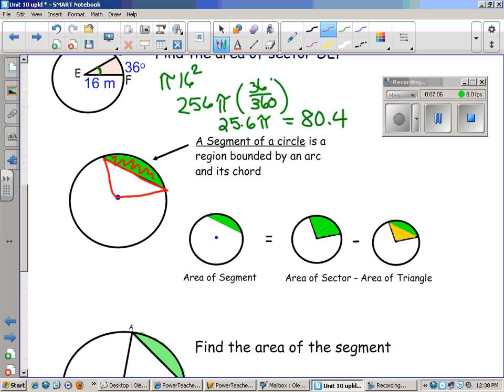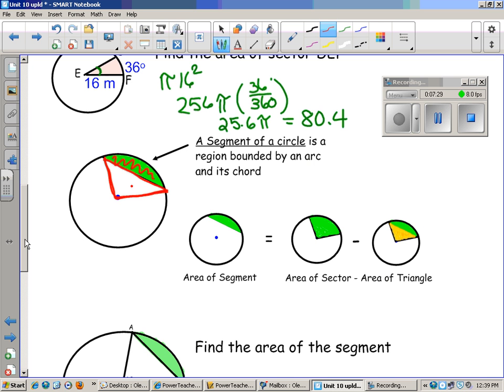Okay, and what shape do we got here? A triangle. So the way we're going to find the area, because right now finding that would be really hard, is we're going to find the area of the whole sector, the whole thing, and we're going to subtract out the triangle.